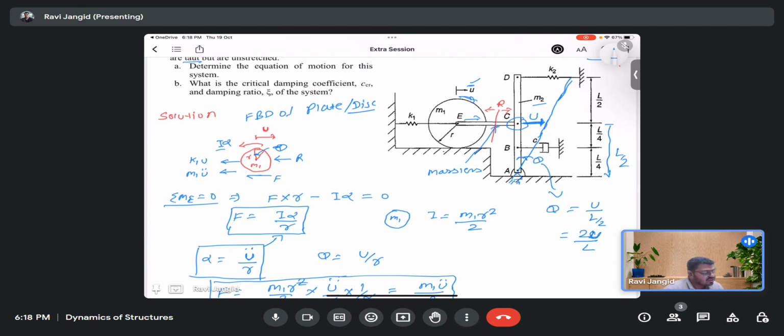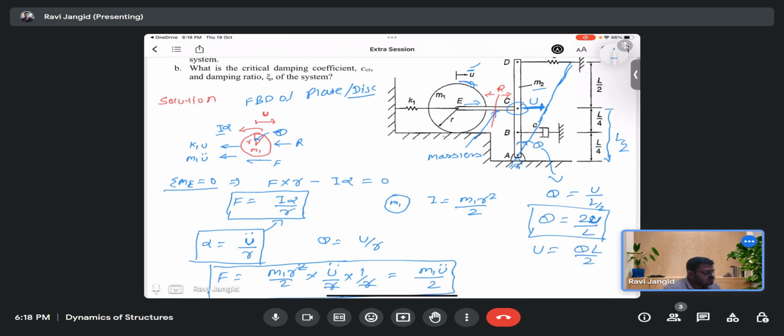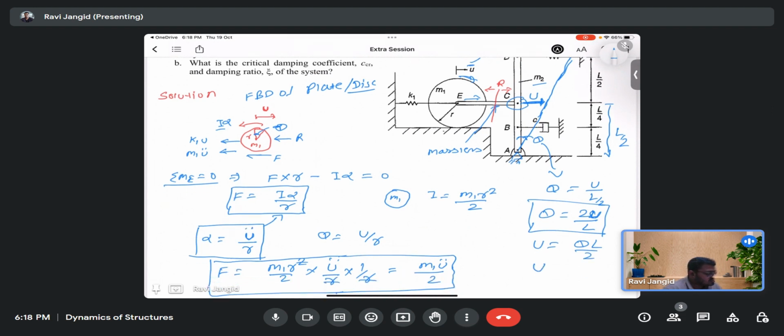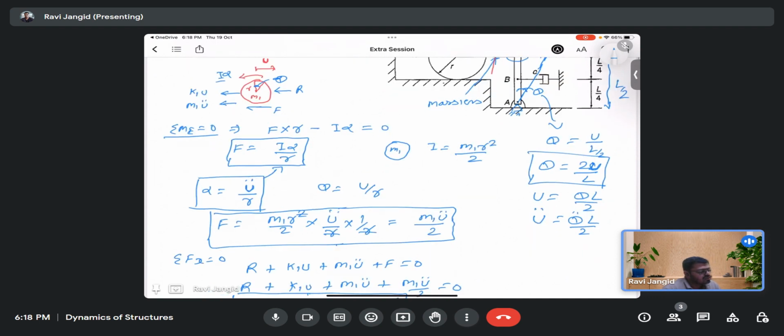If we find that, theta is 2u by l. So our u becomes theta l by 2, and u double dot will be theta double dot l by 2. So we need to replace those things into the equation.